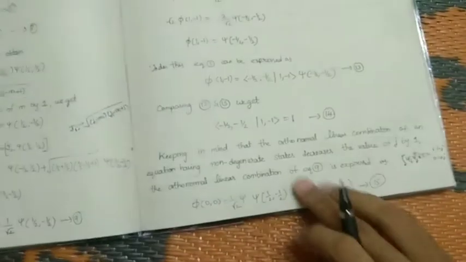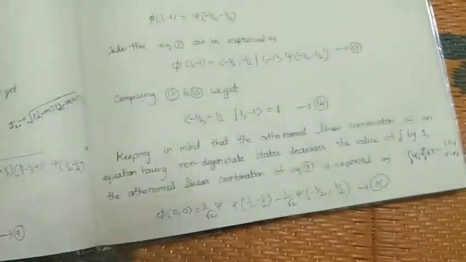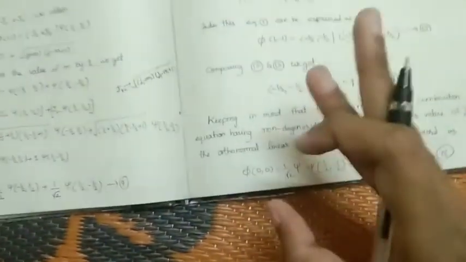So 1 by root 2 into 1 by root 2 gives 1 by 2. And for xi of minus half comma half, here it is 1 by root 2, but this is minus 1 by root 2. That is where the difference comes in. Minus 1 by root 2 into 1 by root 2 gives minus half. Half minus half equals 0.